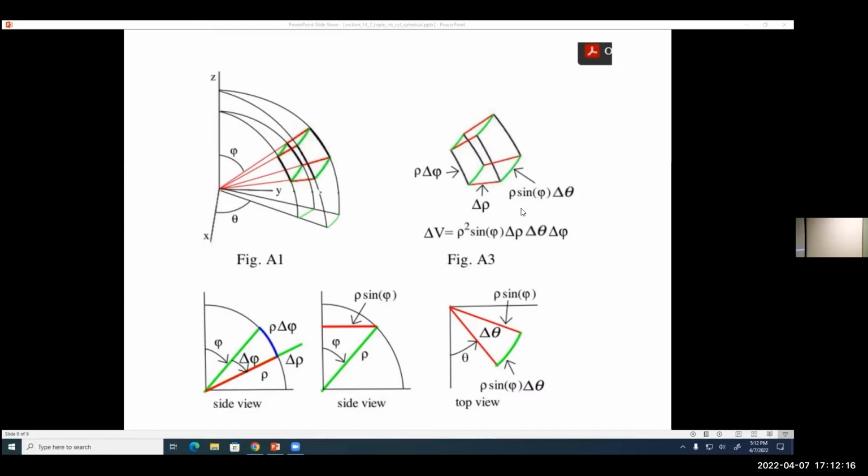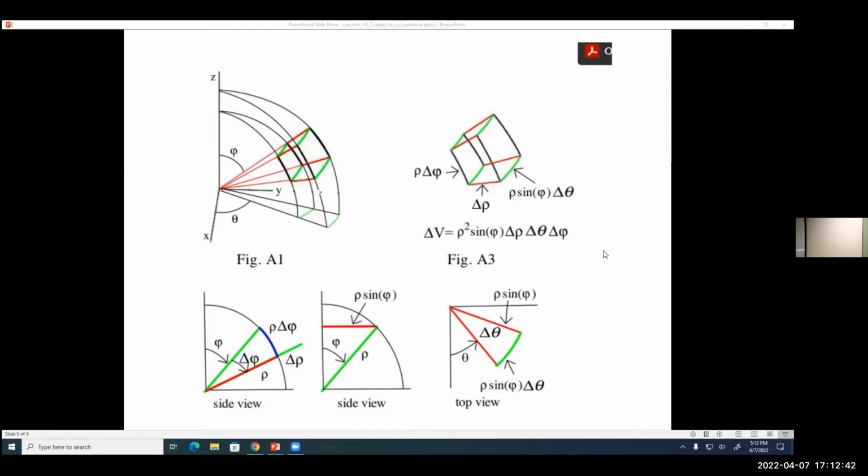Multiplying these three elements together, that's where we get rho times rho for the rho squared. That's where the sine phi comes from, and then our three deltas. Again, you don't need to memorize that. I just wanted to give you a little bit of an idea where it comes from. It's not made up, it's not arbitrary. We'll see how we calculate it with the Jacobian in 14.8.